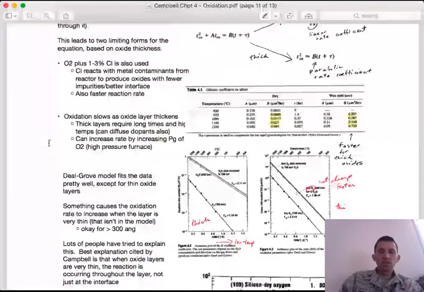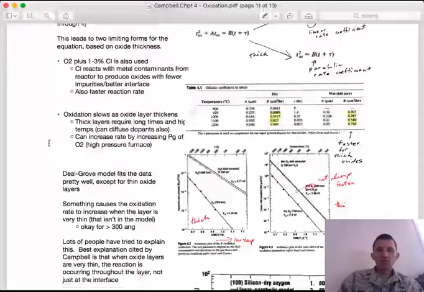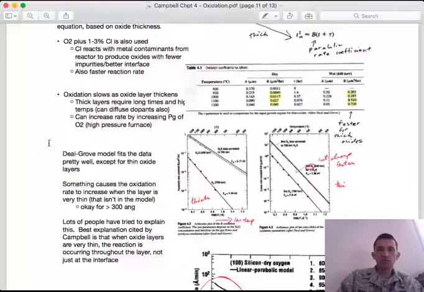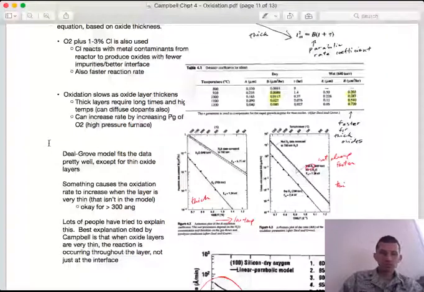Okay, so we have oxygen and silicon reacting together. In some cases, a little bit of chlorine is also used. This is mostly to provide a sink for metal contaminants, so they will react with the chlorine and result in fewer impurities or a better interface for the oxide. It also catalyzes the reaction to a certain degree and gives you a faster reaction rate.